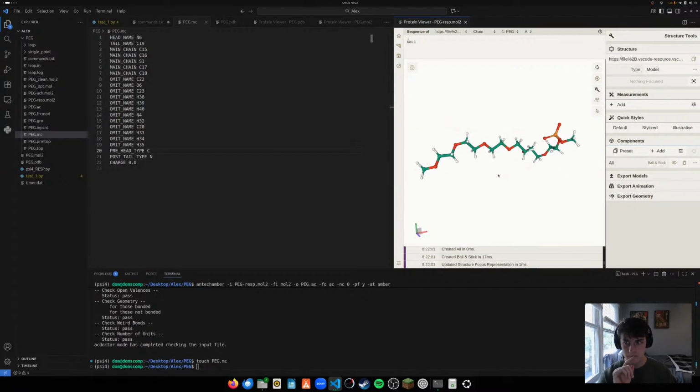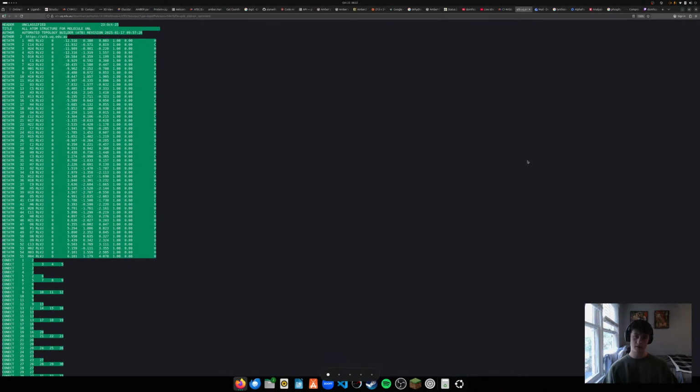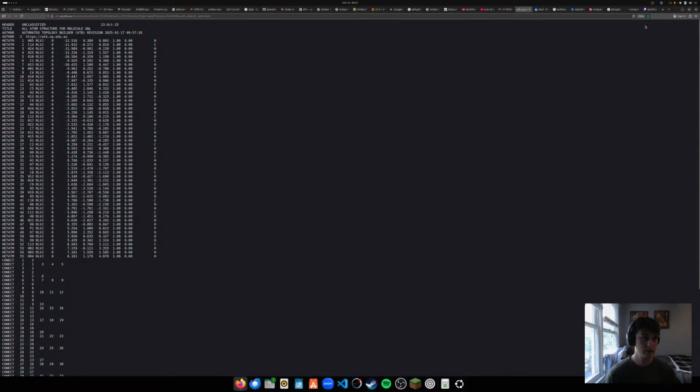So the tail, what would be the tail for a DNA helix?